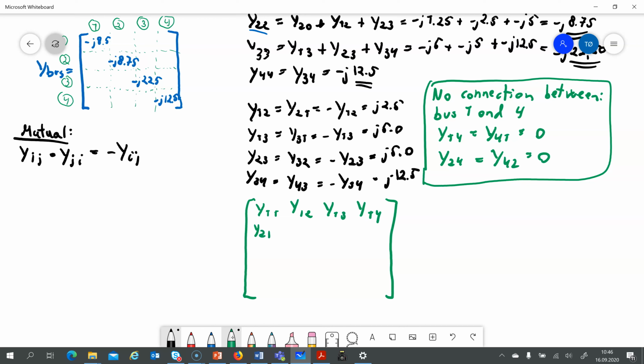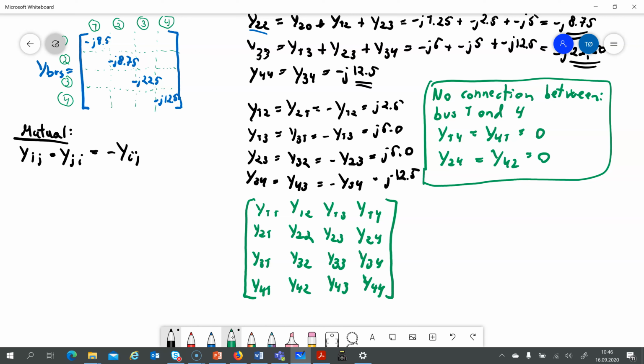Second row, y21, y22, y23, y24, then y31, y32, y33, and y34, and y41, y42, y43, and finally y44.